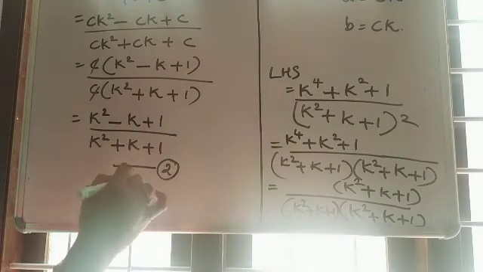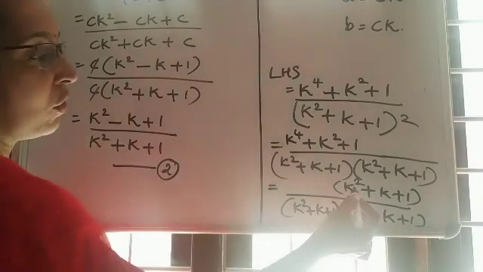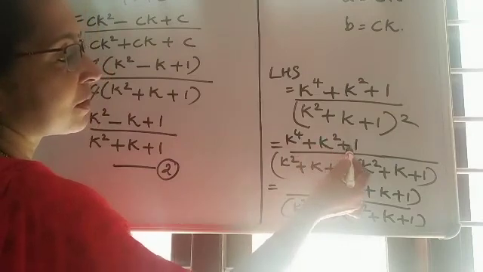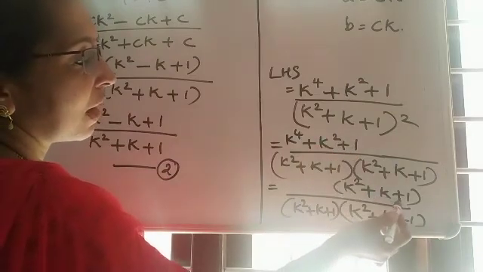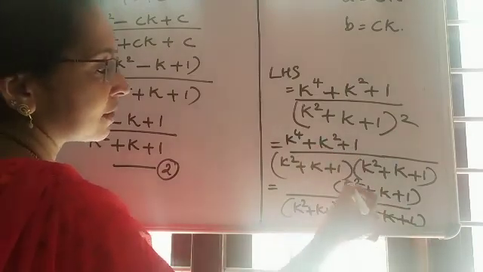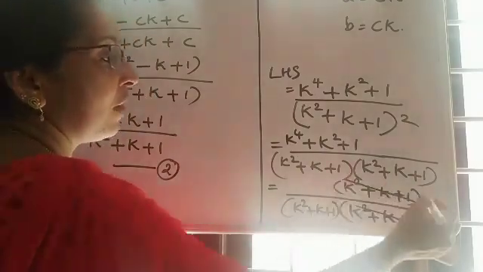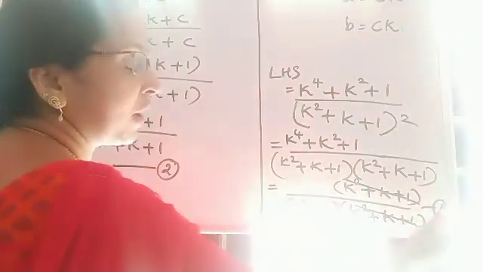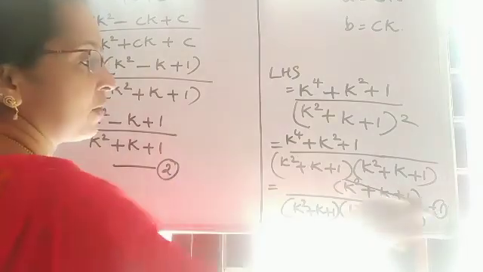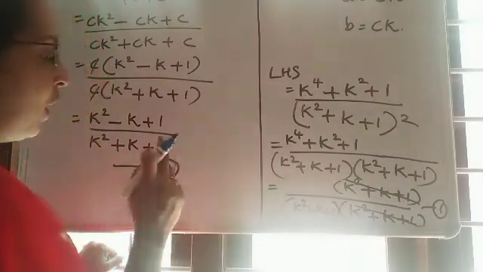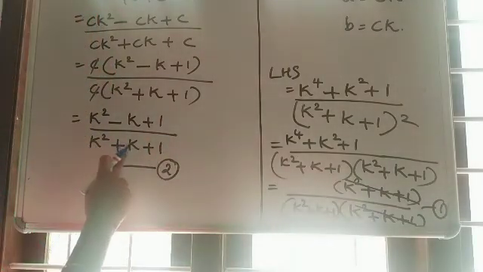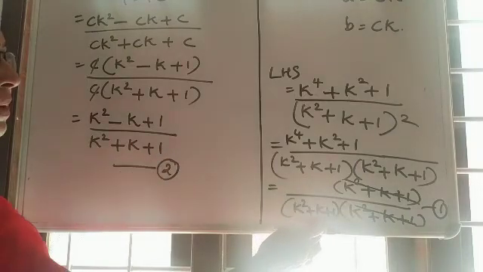Then only we can write LHS is equal to RHS. So if you are splitting this k raised to 4 plus k square plus 1 as k square plus k plus 1, it will cancel. Then only what? This is equation number 1, no? If you are equating equation 1 and 2, then look at equation number 2, k square plus k plus 1, k square plus k plus 1.